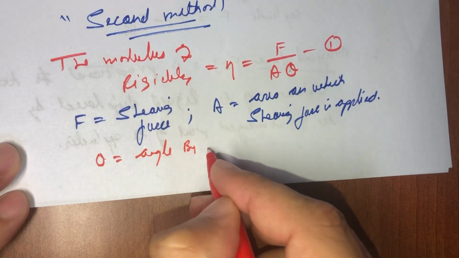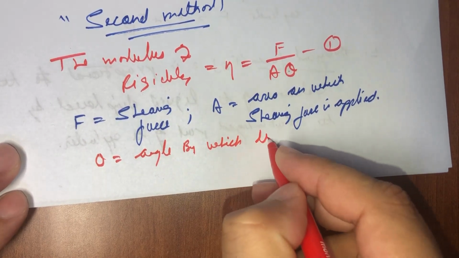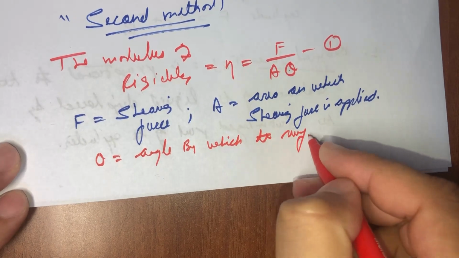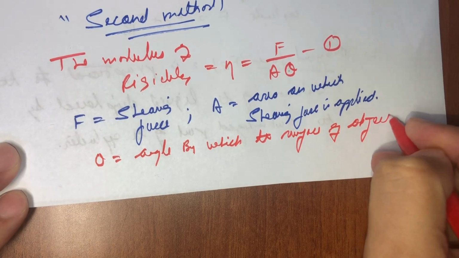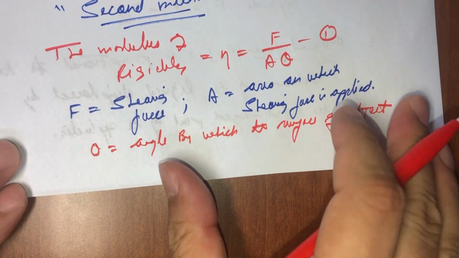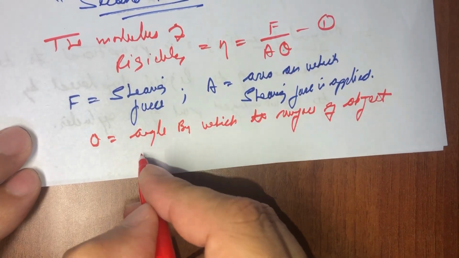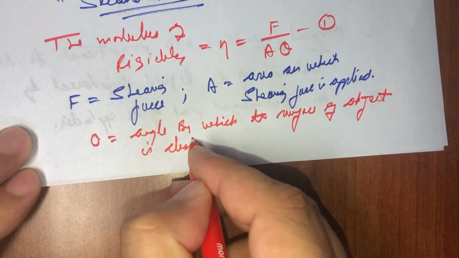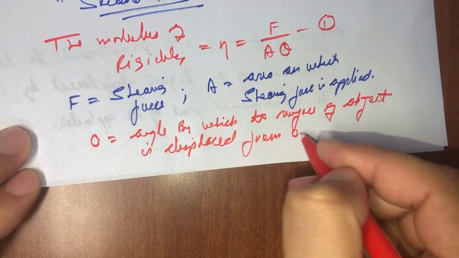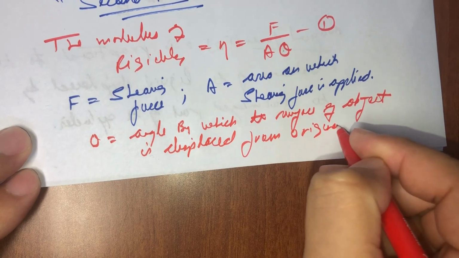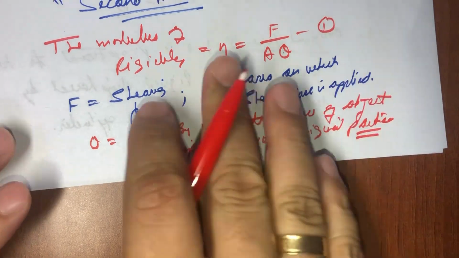Theta is the angle by which the surface of the object is displaced from the original position.